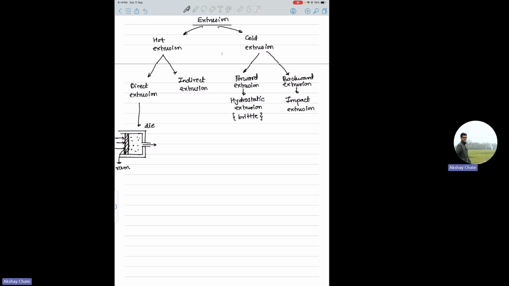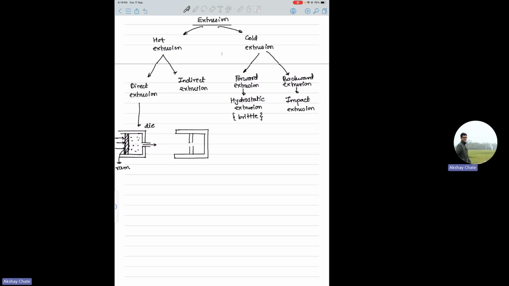Okay, so indirect extrusion, this was discussed in the class, so I'm not paying more attention to the details. I'll just tell you some characteristics that are useful. You'll have something like this, and you'll have again one ram, but the ram has the opening in it.